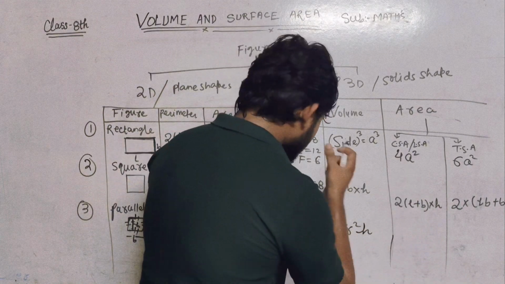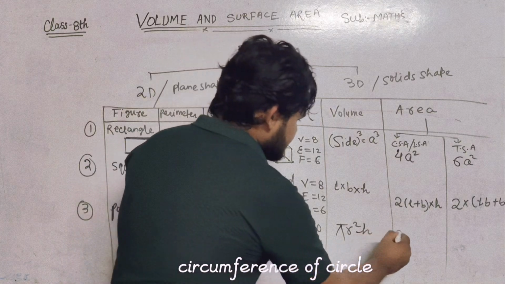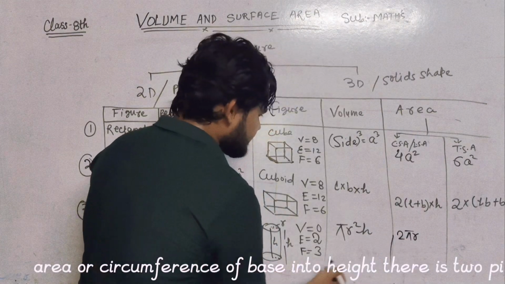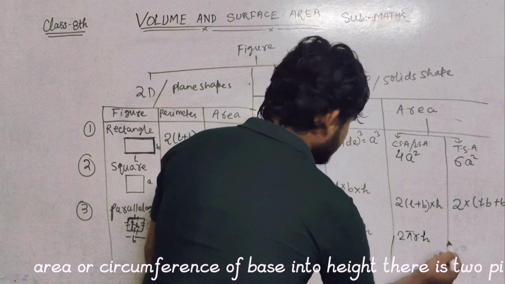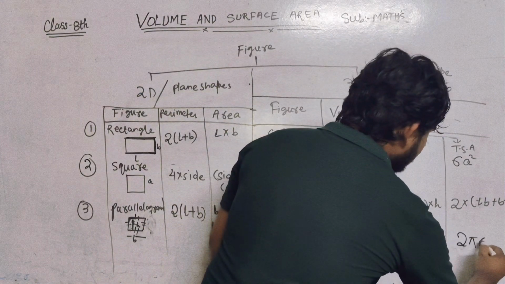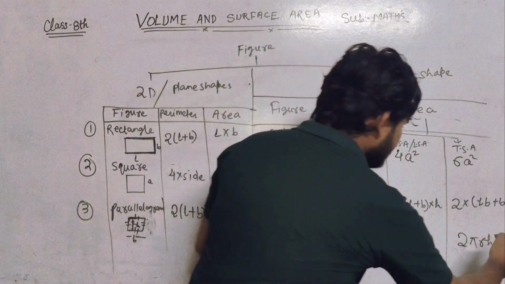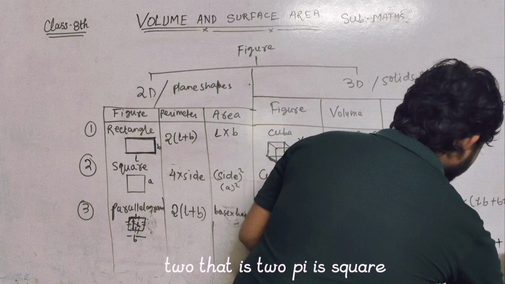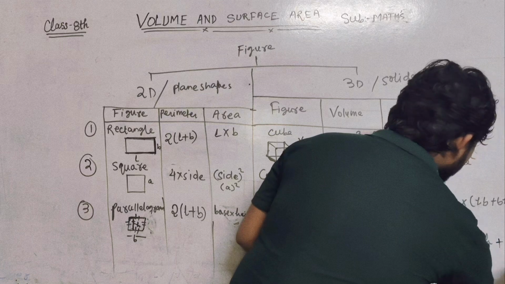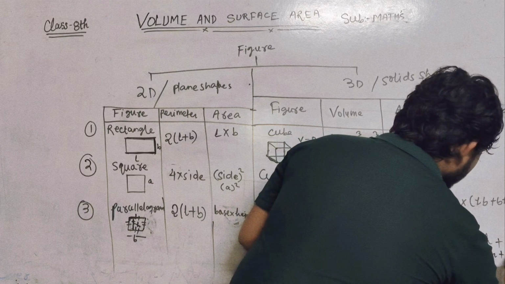And curved surface area is circumference of base, 2 pi r, into height, that is 2 pi r h. And total surface area is curved surface area plus area of top and bottom, 2 pi r h plus 2 pi r square. You can take 2 pi r common.